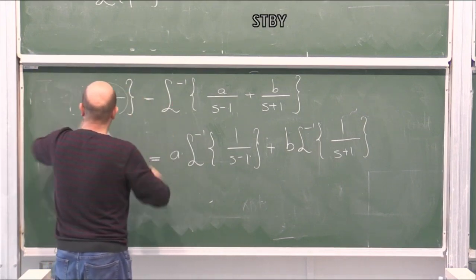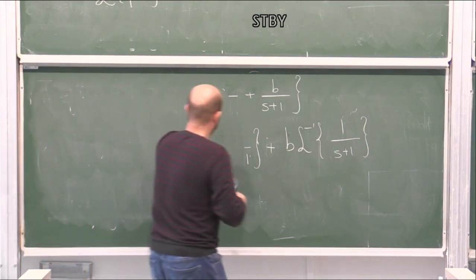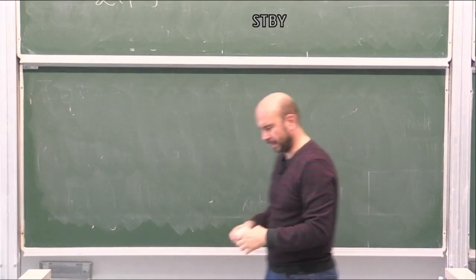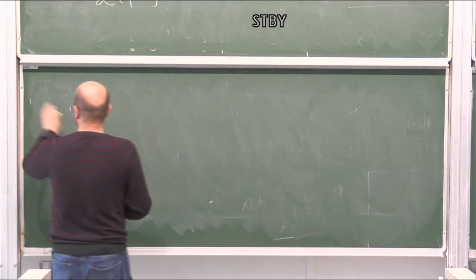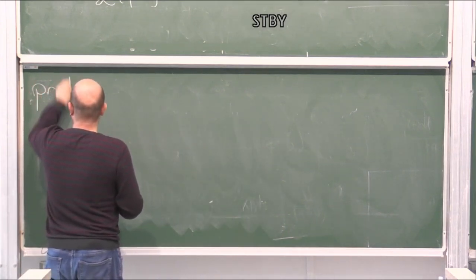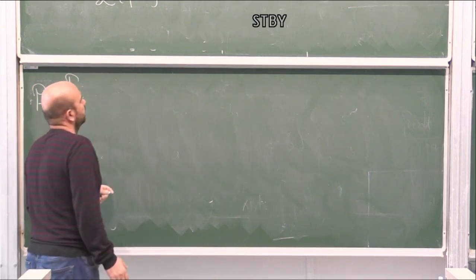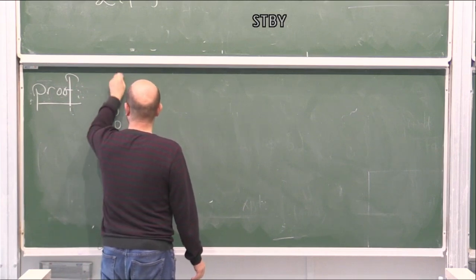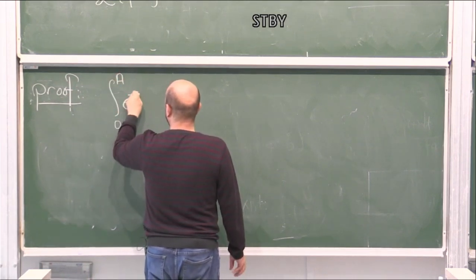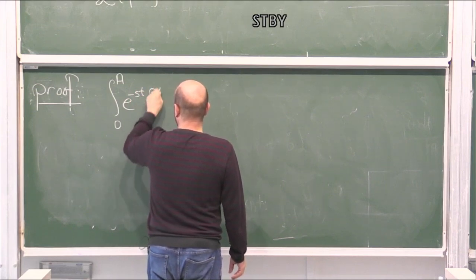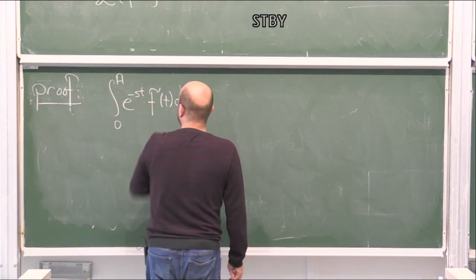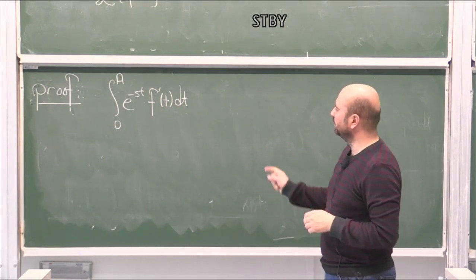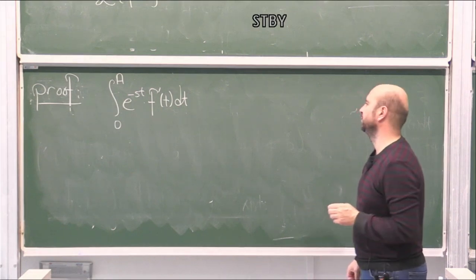Let's see now. So, proof. It's all about this integral now. First of all, I have to handle this integral, and eventually I will take the limit as a goes to infinity, which will give me the Laplace transform of the derivative.